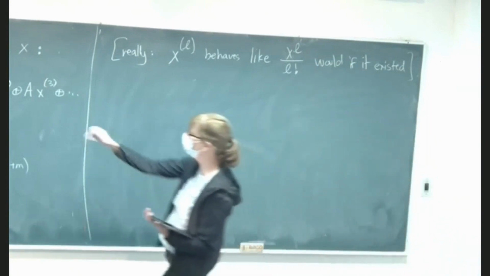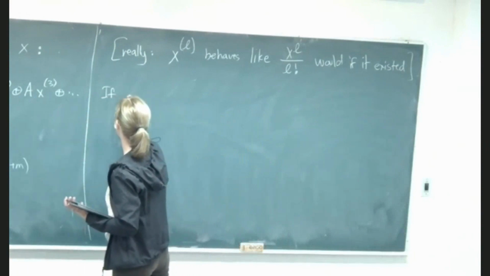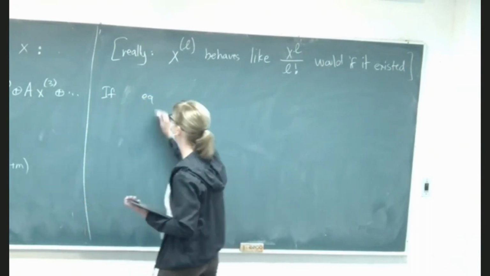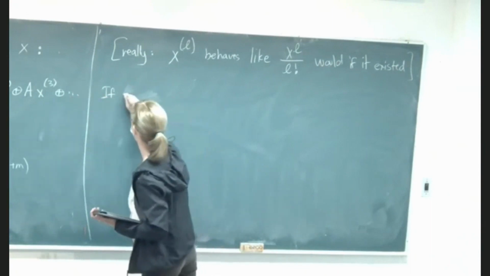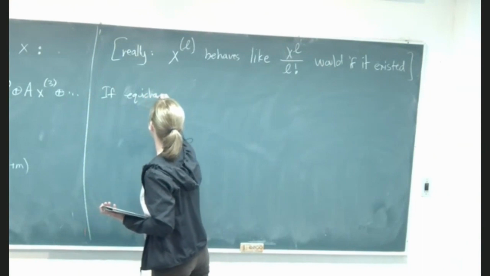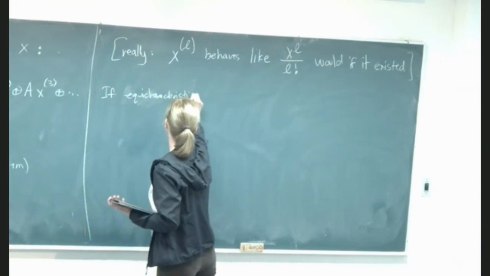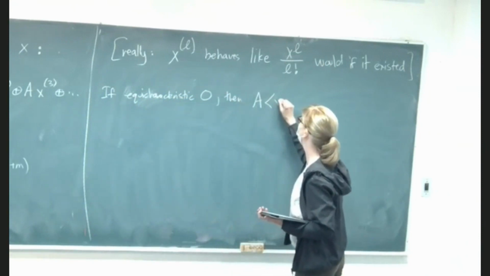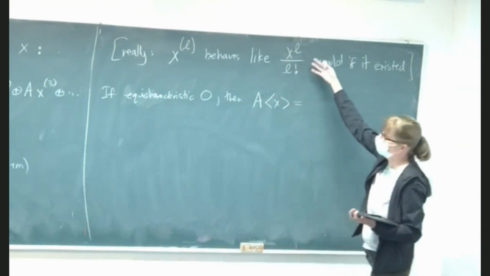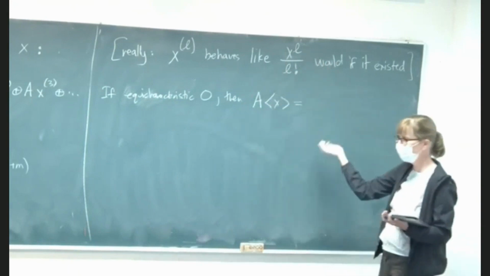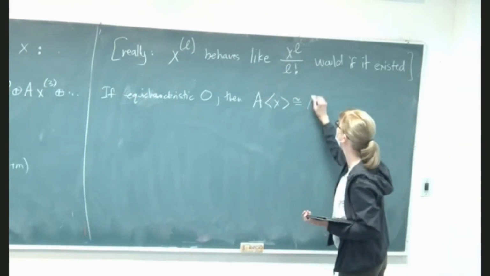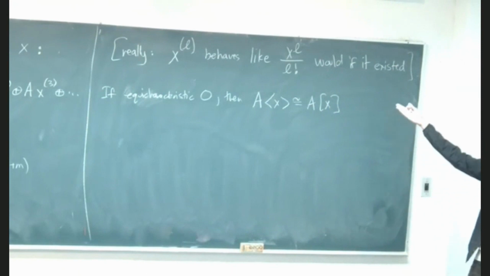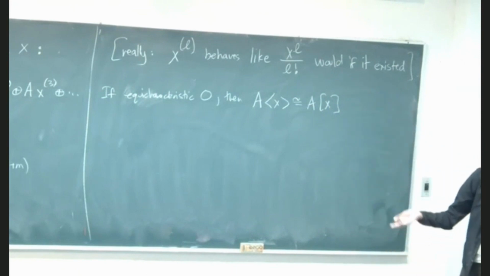So if R is equi-characteristic 0, then a divided power algebra, you can show, is isomorphic to the polynomial ring. So by adjoining these instead of regular powers, it's no difference.